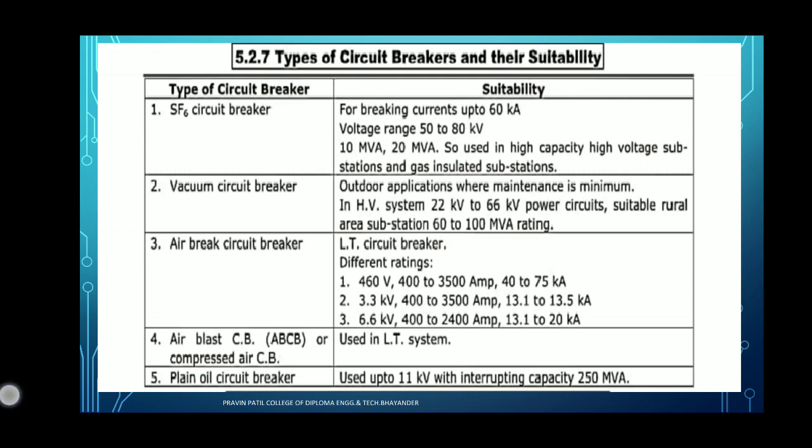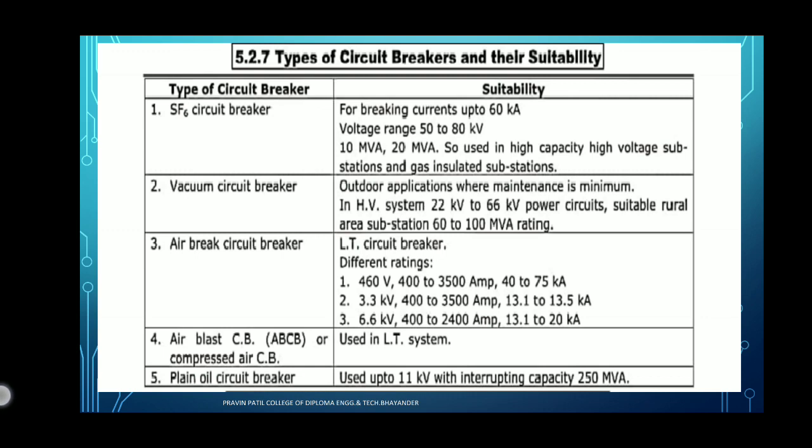Air brake circuit breaker is an LT circuit breaker, and it is available in the market with different rating capacities. Such as the rating capacity of 460 volt, 400 to 3500 amperes, 40 to 75 kilo amperes. This is the rating capacity of the air brake circuit breaker.